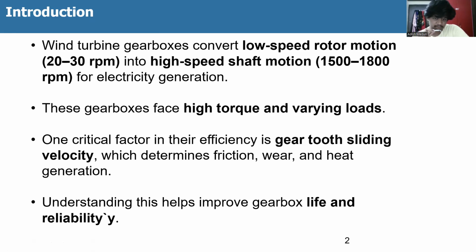These gearboxes face high torque and varying loads. One critical factor in their efficiency is gear tooth sliding velocity, which determines friction, wear, and heat generation. Also, understanding this helps improve gearbox life and reliability. So, yeah, this is the introduction.